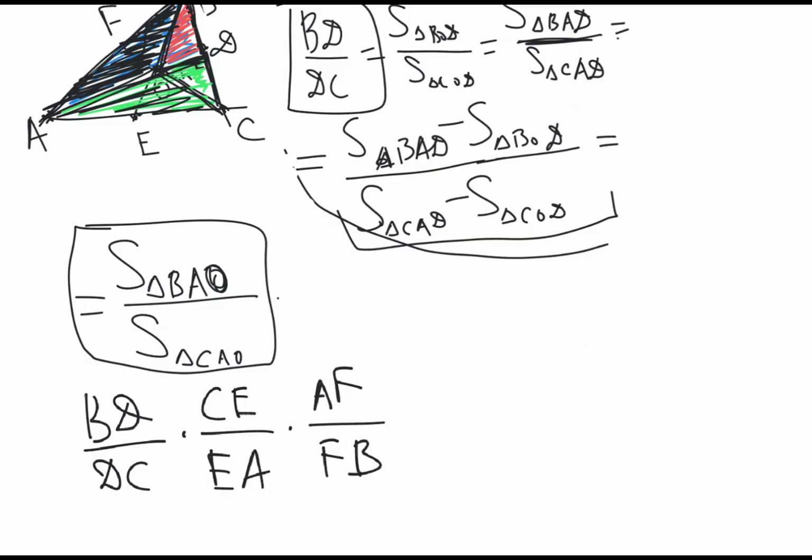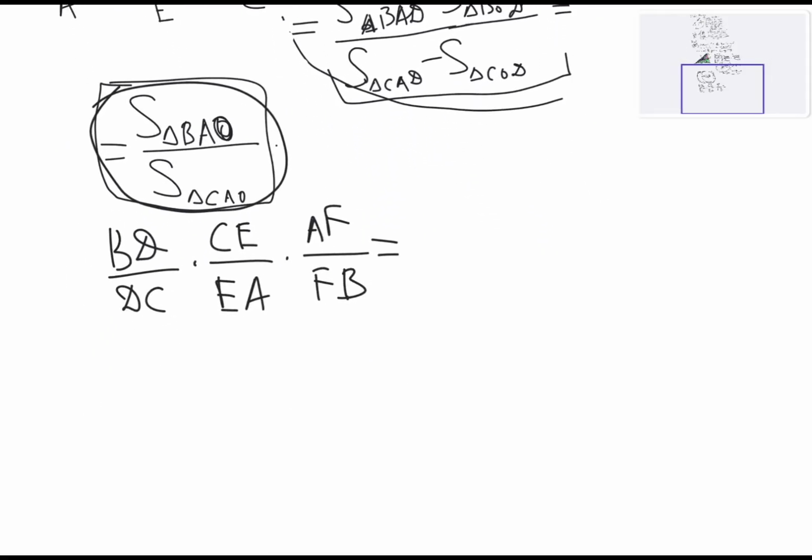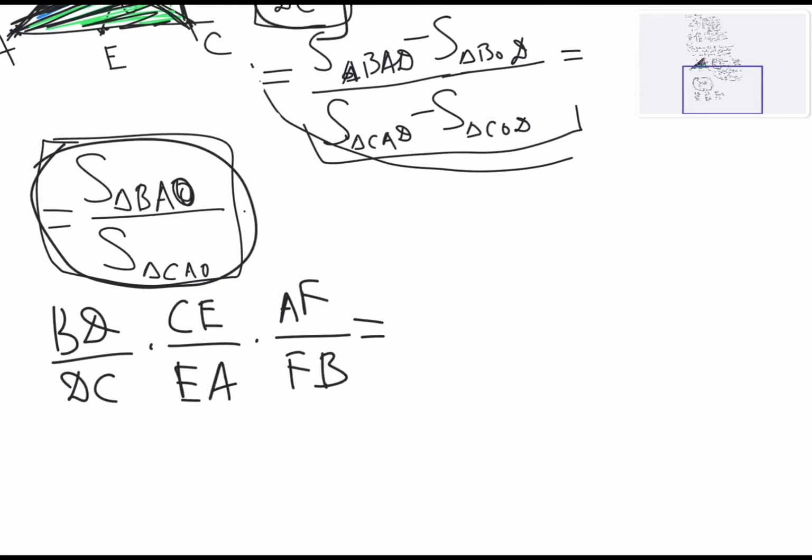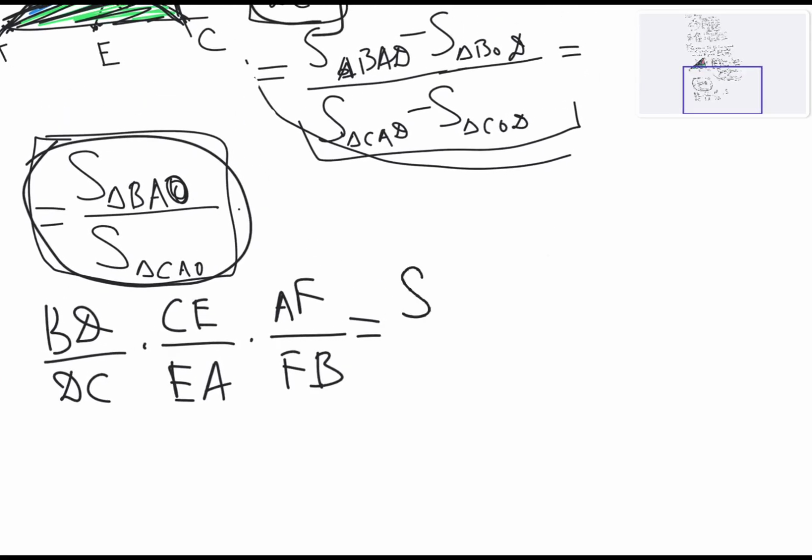BD over DC we just calculated; this is the ratio of the areas of the triangles BAO over CAO.